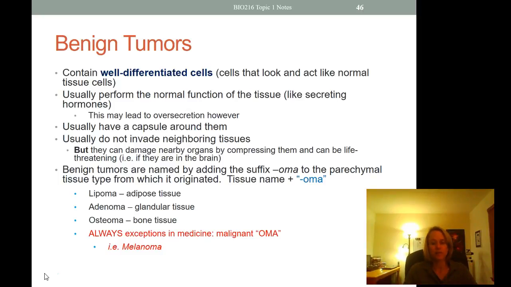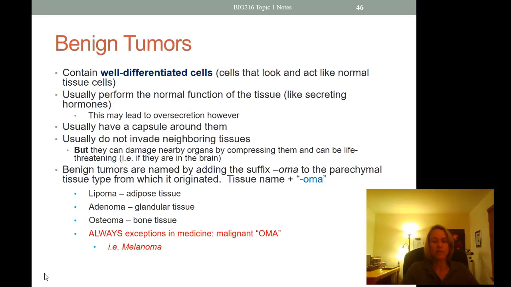They're usually encapsulated, and that keeps them isolated. It also makes them easier to remove. They usually do not invade neighboring tissues. However, they can compress and damage nearby organs. It could be life-threatening, for instance, if you had a tumor in the brain.